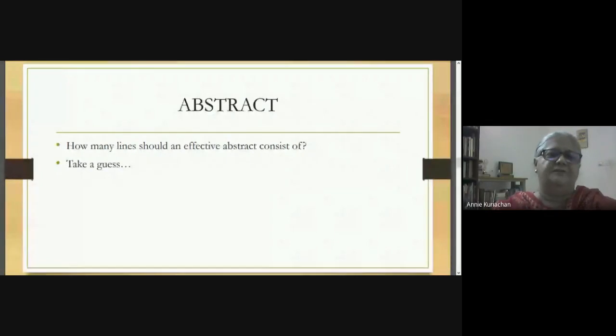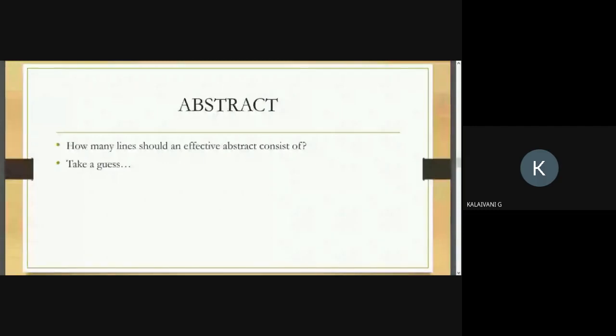Let's see how this abstract behaves in these 6 lines. Kalai, the next slide, please.